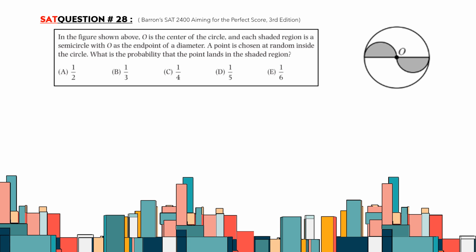So we have a few keywords here. Probability, okay. We have the circle, and the regions, all of the whole regions, right?